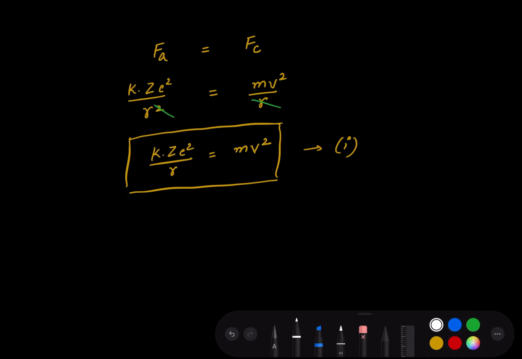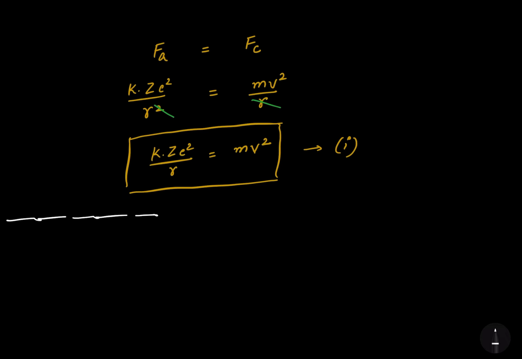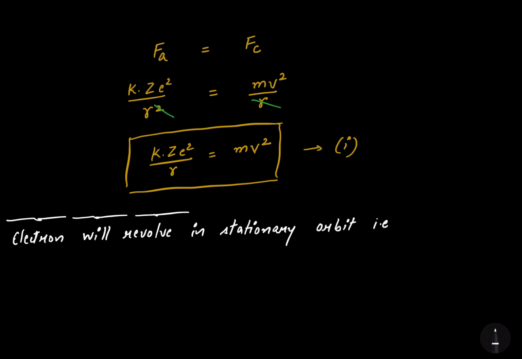Now I'm writing: according to Bohr, the electron will revolve in a stationary orbit, that is, an orbit whose angular momentum is quantized.